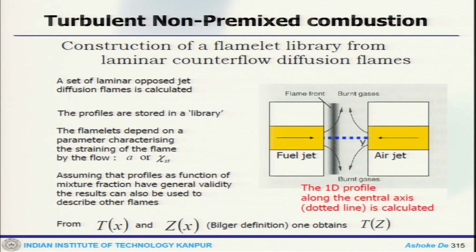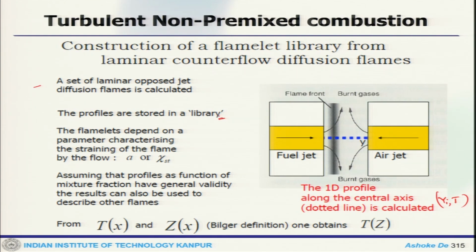Now you can look at the construction of a flamelet library from laminar counterflow diffusion flames. You have a fuel jet coming in, you have air coming in, and this is the burnt gas. The first thing is that it is all a 1D profile along the centerline axis, where you can see the variation of the species mass fraction, temperature and so on. So a set of laminar opposed diffusion flames are calculated, and then the profiles are stored in a library.